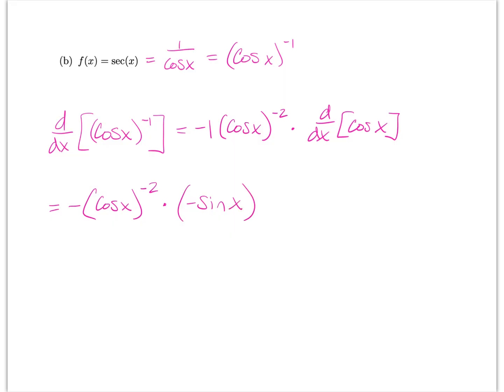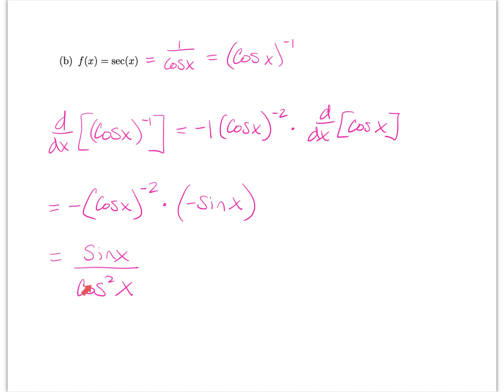And I have negative times a negative, they cancel, and I get sine x over cosine squared x. So my negative and my negative multiply together to make a positive. And I'm taking this factor that has a negative exponent, moving it to the denominator and making the exponent positive.